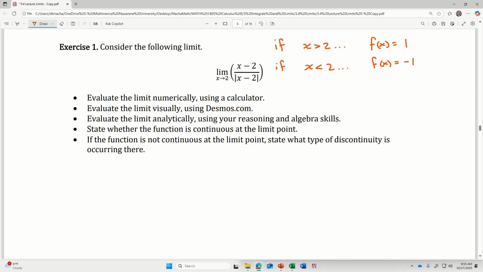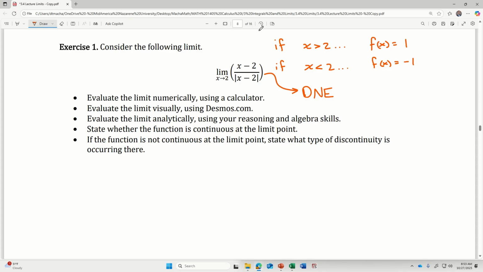And so this is another limit that does not exist. Because on the right side, everything is 1. On the left side, everything is negative 1. And so the limits are not going to ever touch. They're not going to agree there.